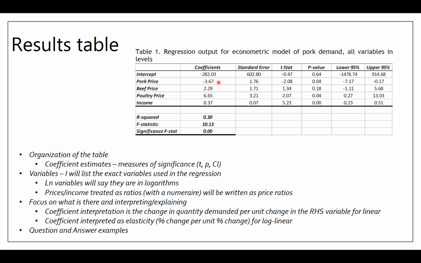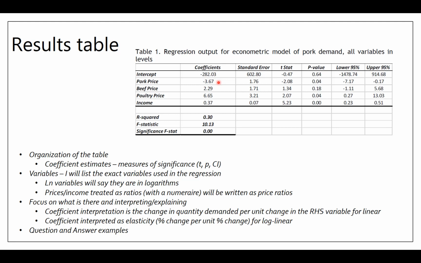Then there might be something about prediction: given a predicted change in income, how do you expect this to affect the quantity demanded? Any of those basic functions you can use from the numbers.